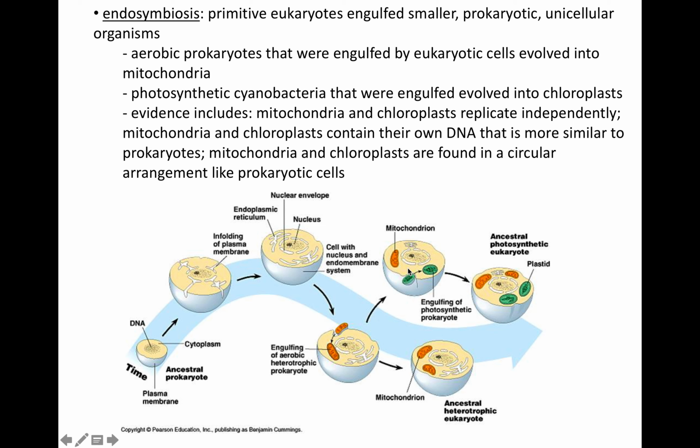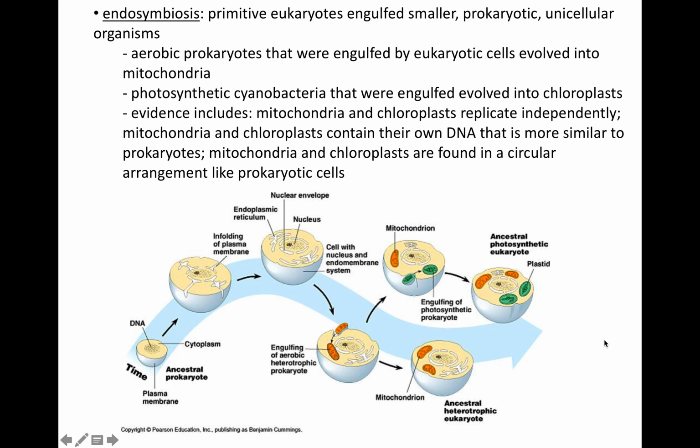They ended up living inside of these larger prokaryotes, and actually they became, so to speak, friends. They had a mutualistic relationship. They benefited each other. The photosynthetic prokaryotes eventually became what are known as our chloroplasts, and the heterotrophic prokaryotes later on became our mitochondria, or energy producers.